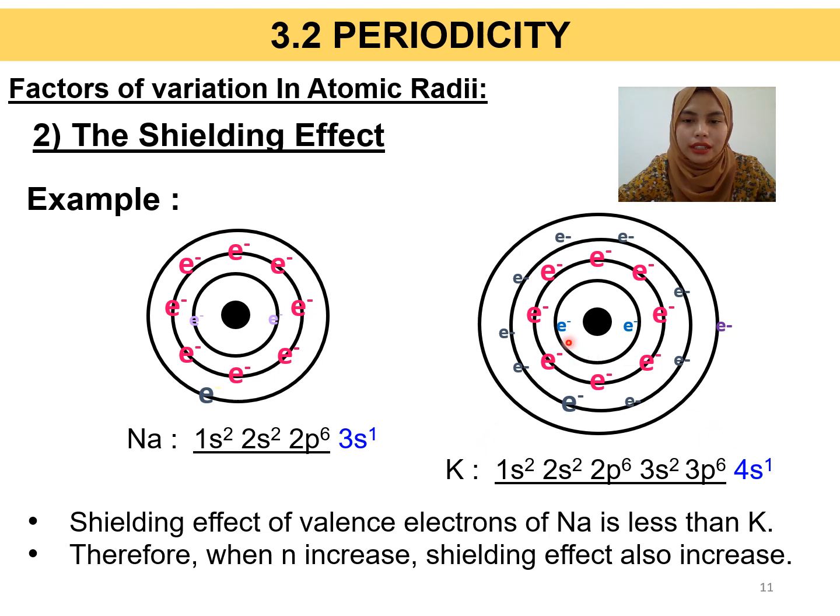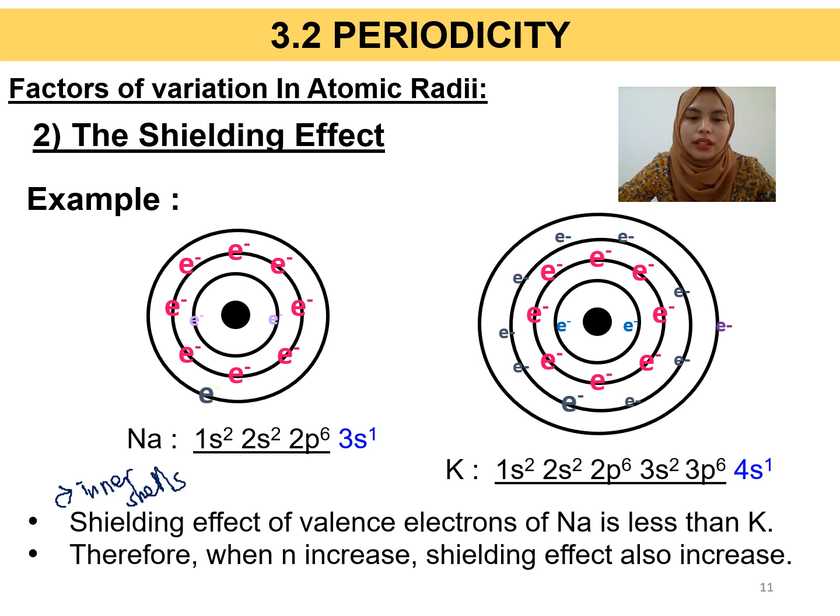Jadi inner shell dia, you akan ada energy level n equals 1, n equals 2, n equals 3. Okay, this is n equals 4. So, if you compare to sodium, inner shell dia ada energy level n equals 1, n equals 2. Untuk potassium, energy level for the inner shell adalah n equals 1, 2, 3. Okay, so apa yang berlaku kat sini? Therefore, shielding effect bergantung pada inner electrons ataupun inner shells.